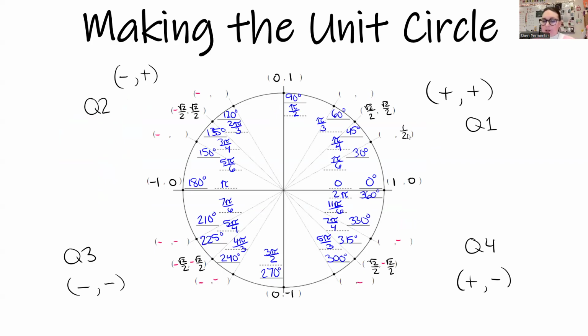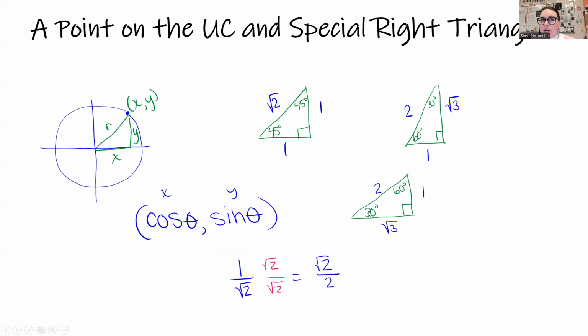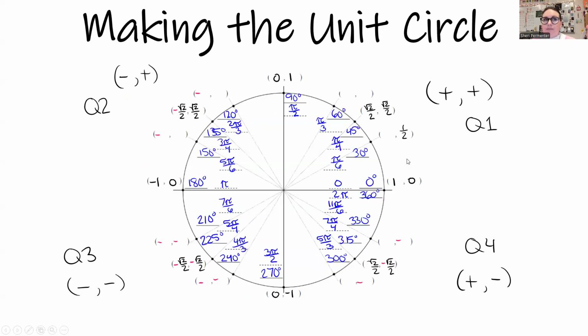Then I can look at my special right triangle, the cosine, adjacent over hypotenuse, square root 3 over 2. So I get square root 3 over 2. That is the same coordinate all the way around the unit circle with a 30-degree reference angle.